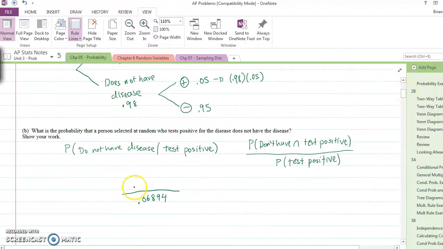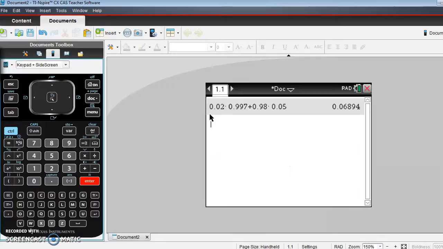So that means this is 0.98 times 0.05, right? And so if we go to our calculator, we go 0.98 times 0.05. We take that and divide it by 0.06894.